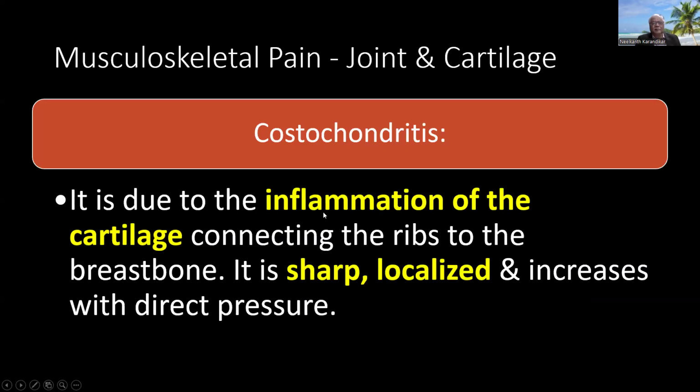It is due to inflammation or swelling of the cartilage connecting the ribs to the breastbone. So it is at the joint, as we just saw. It is sharp, localized, and increases with direct pressure. So, the second common cause of chest pain.